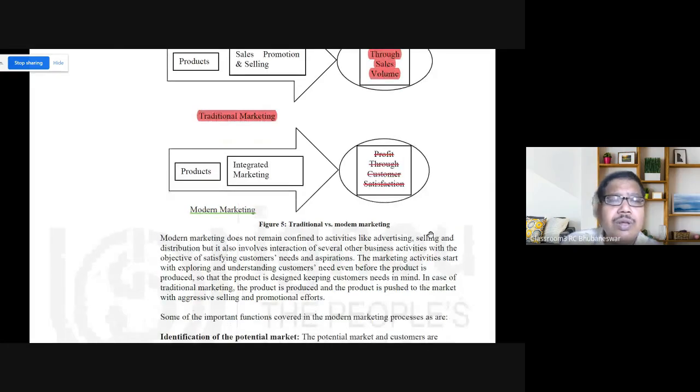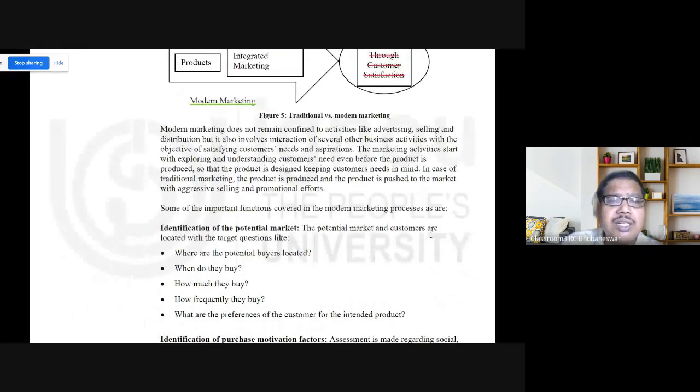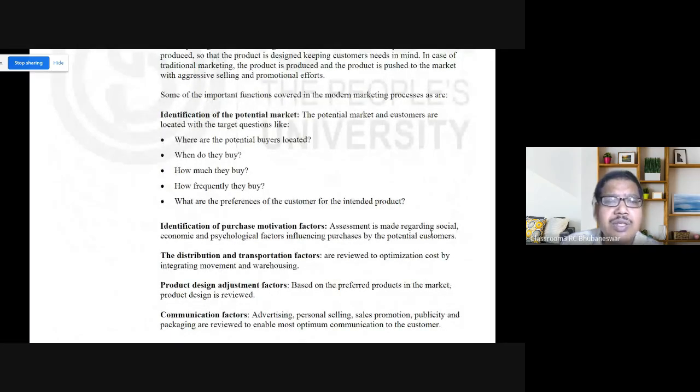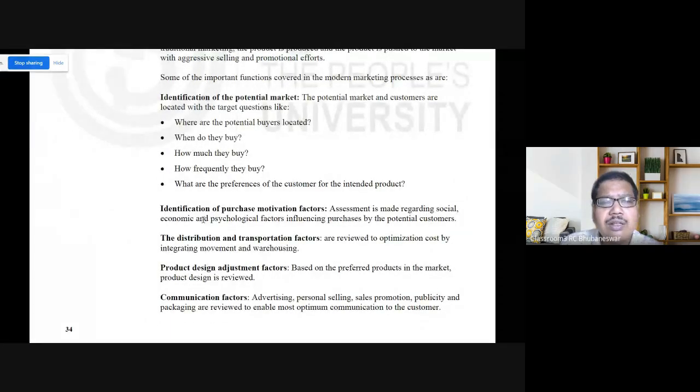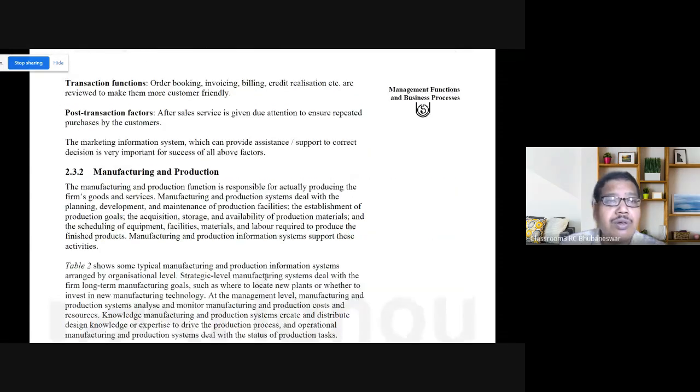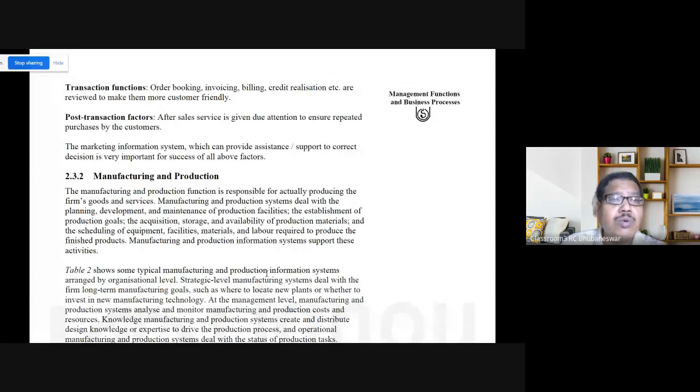Then coming to the potentiality with respect to different marketing structures. Yes, identifying the purchase motivation factors, the distribution and transportation factors, the product design adjustment factors, and communication factors, with respect to transaction functions, post-transaction factors, and so on.